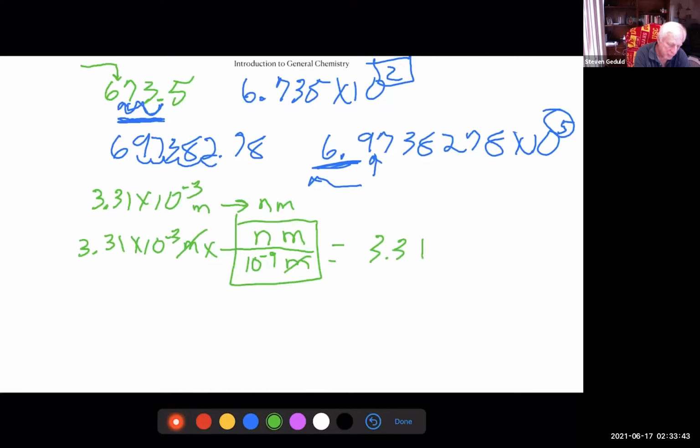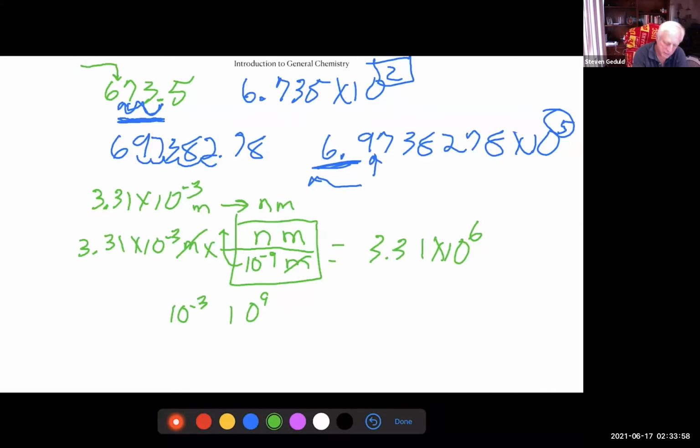Okay, remember, when we bring this up, we change the sign. So we've got exponents of 10 to the minus 3 and then 10 to the 9. So 9 minus 3 is 10 to the 6 nanometers. And that's how you convert it.